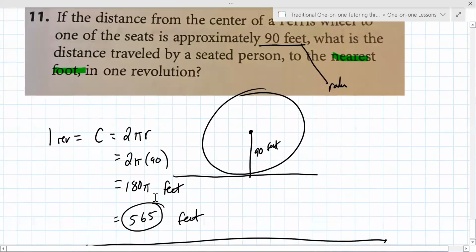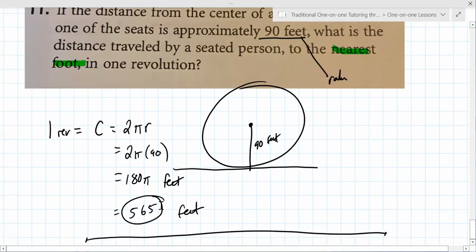Single ones digit, so 565 feet total. That's how many feet you go in a rotation. Is that all it's asking for? That's it.